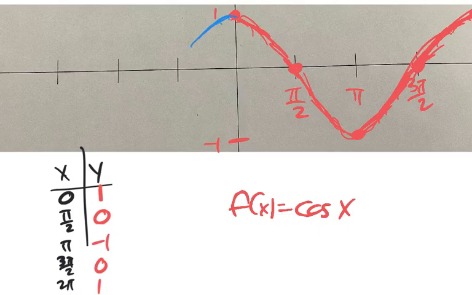So hopefully over here you extended, you went through the x-axis here, bottomed out at -1 here, back up to 0 here, and then back up to 1 here. Questions?